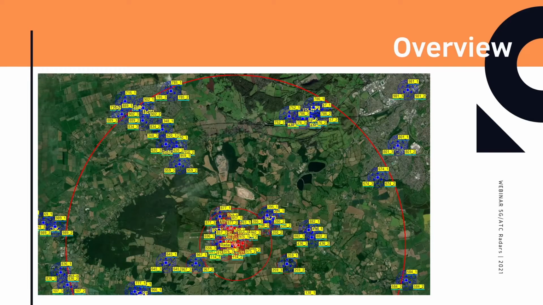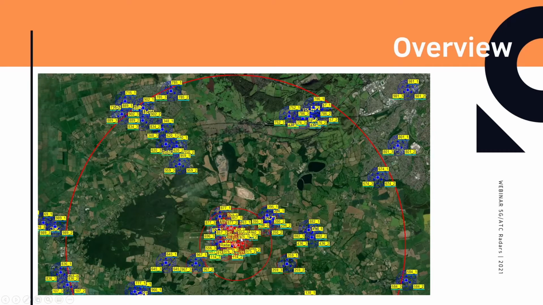So this is the model we're trying to construct, and we're going to do this together today. The airport is in the middle of the screen here, and then you've got the radar, and we've got the 5G sites. That first red circle is the 1.5 kilometers, and the second red circle is the 7 kilometers.